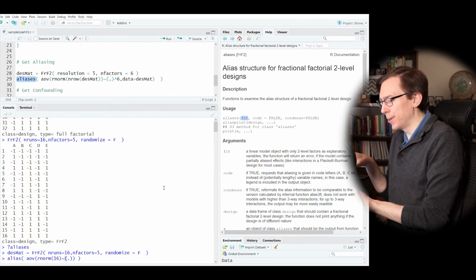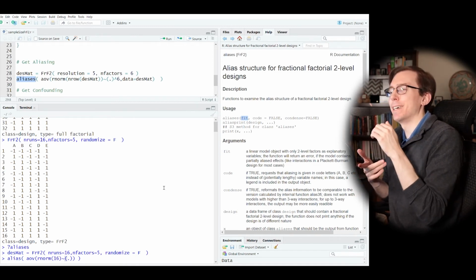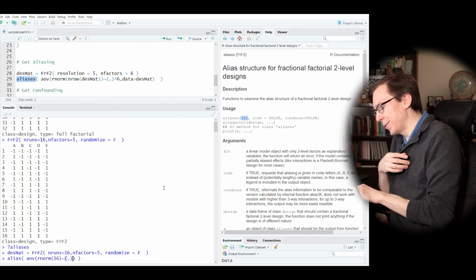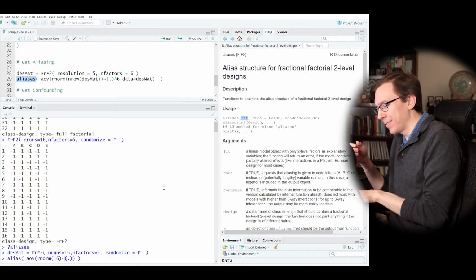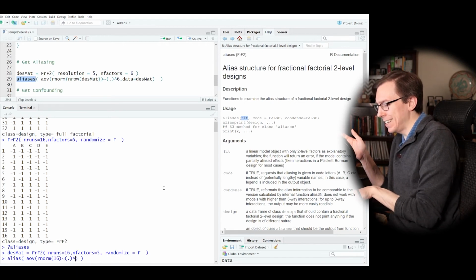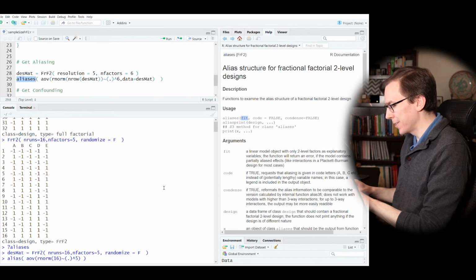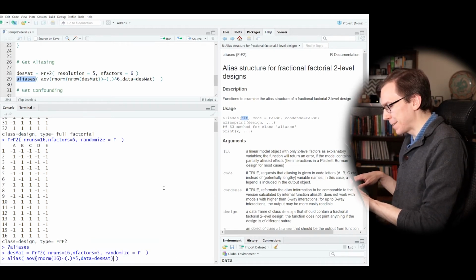If I have factors A through E, I could write A plus B plus C plus D plus E, but that's kind of annoying. Instead, I can just put dot, and dot will take care of it for me. And then I can just say dot to the 5 because I want to test all my factors. Now, R only knows what dot is if I give it a data set. So my data set is going to be my design matrix, DesMat.